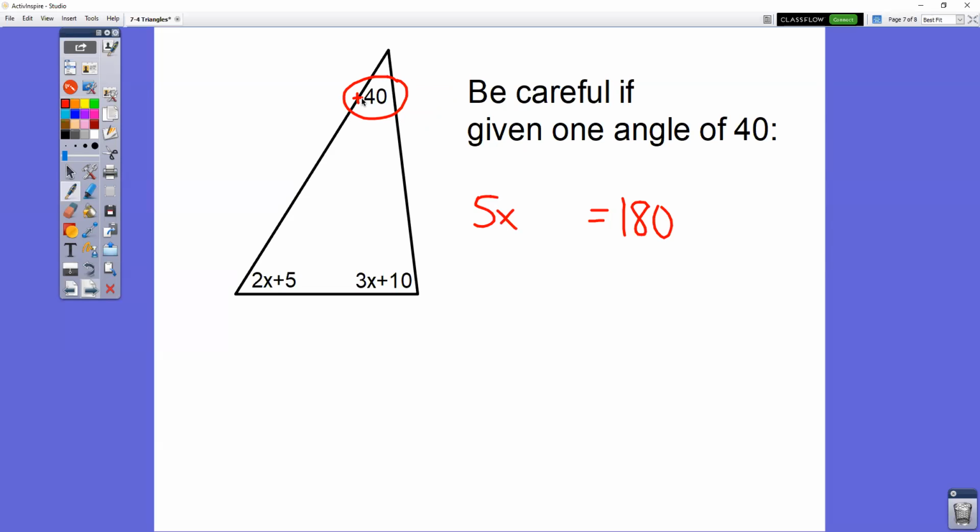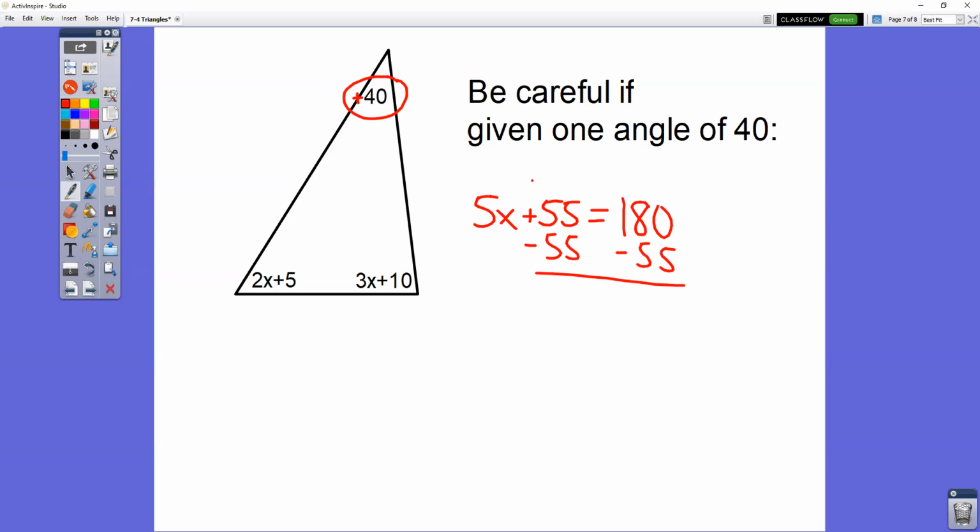So we have 40 and 10 and 5. So in our equation, we're going to write plus 55. So you need to be very careful. Anytime that you're given an angle, that counts as a plus whatever your plain number is. Be very, very careful there, because that does happen quite frequently.